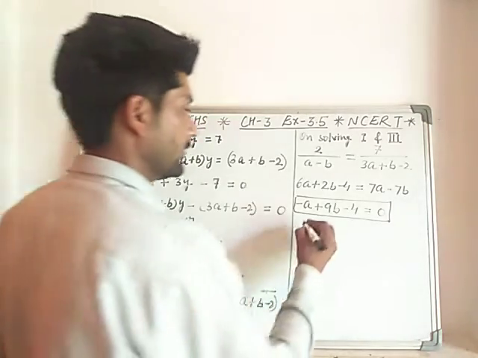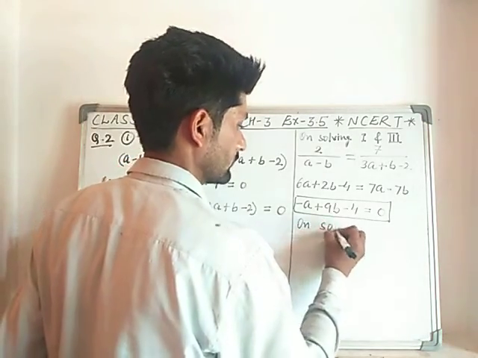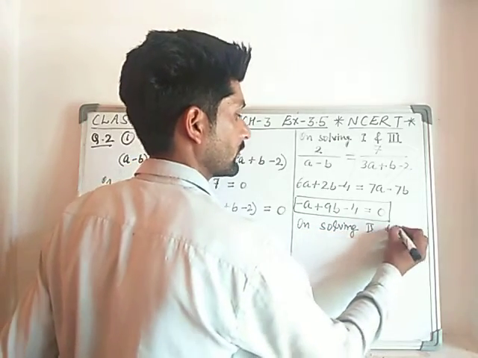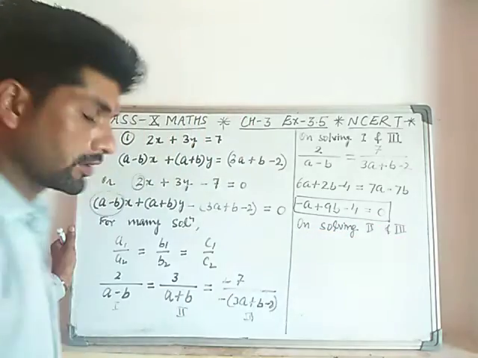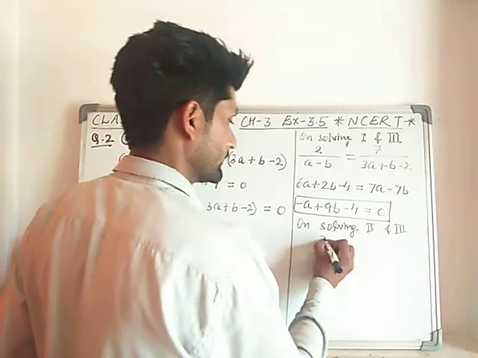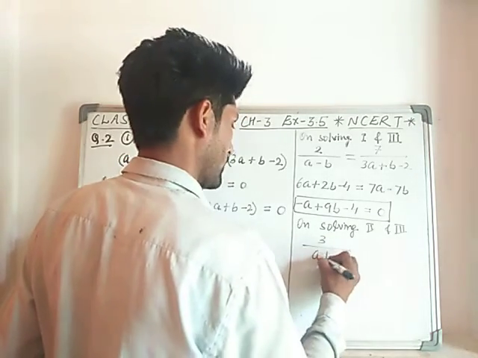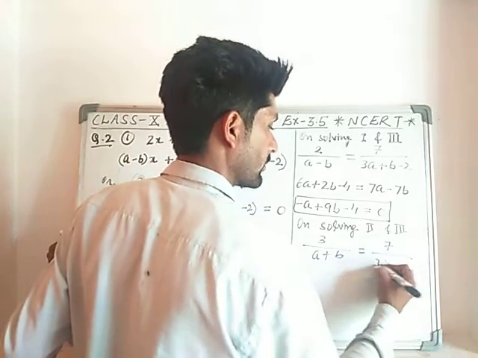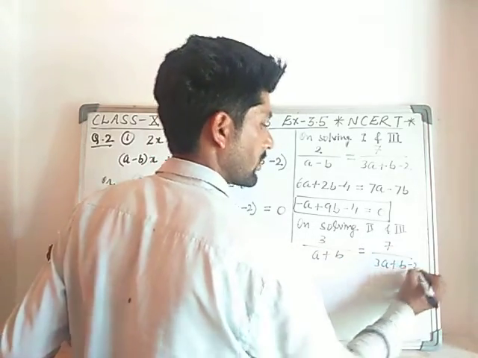Similarly, on solving second and third, 3 upon A plus B is equal to 7 upon 3A plus B minus 2.